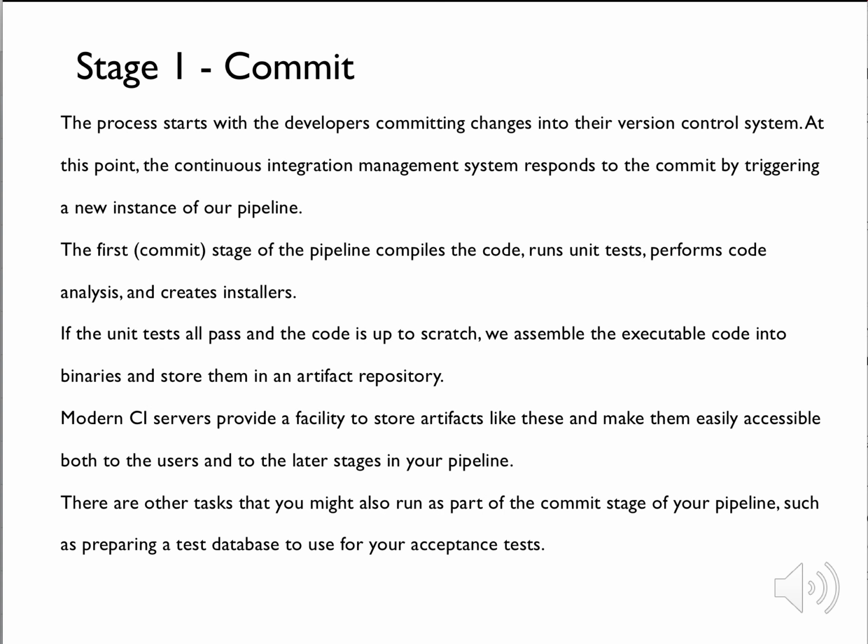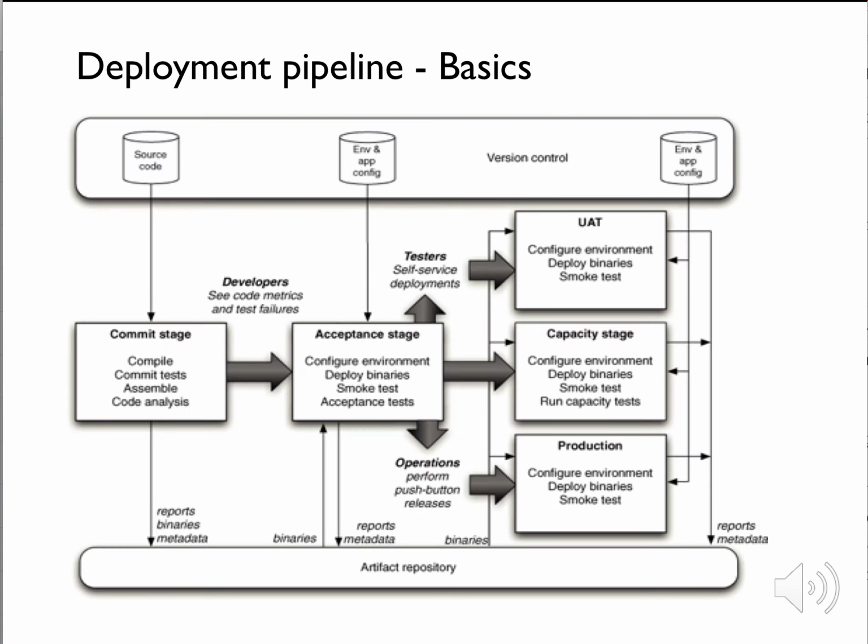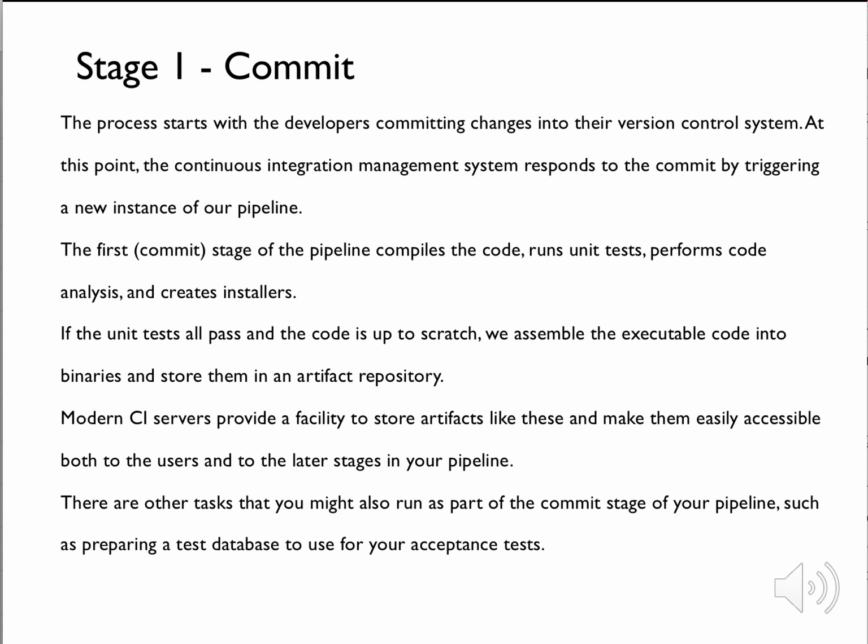Stage 1 is called the commit stage. As you have seen in this image, it covers compile, commit, test, assemble, and code analysis. Before we can see the behavior of the application and how it is working, code-level testing has to be performed by the continuous integration servers.